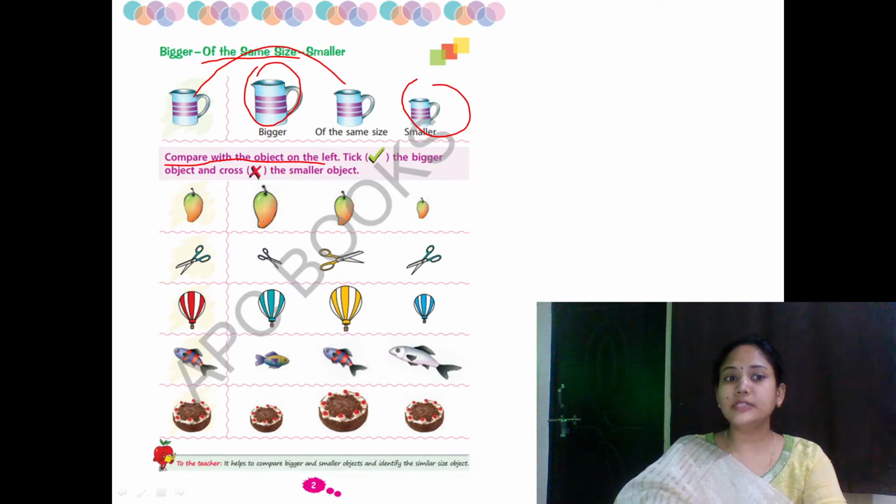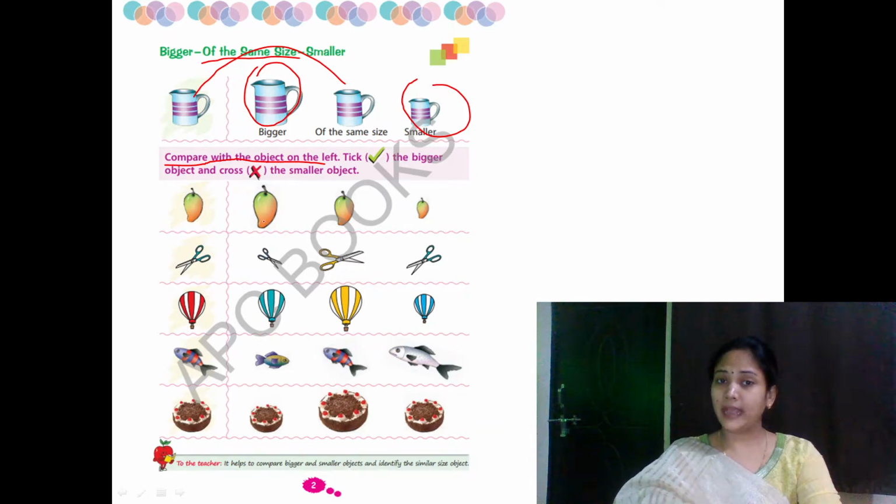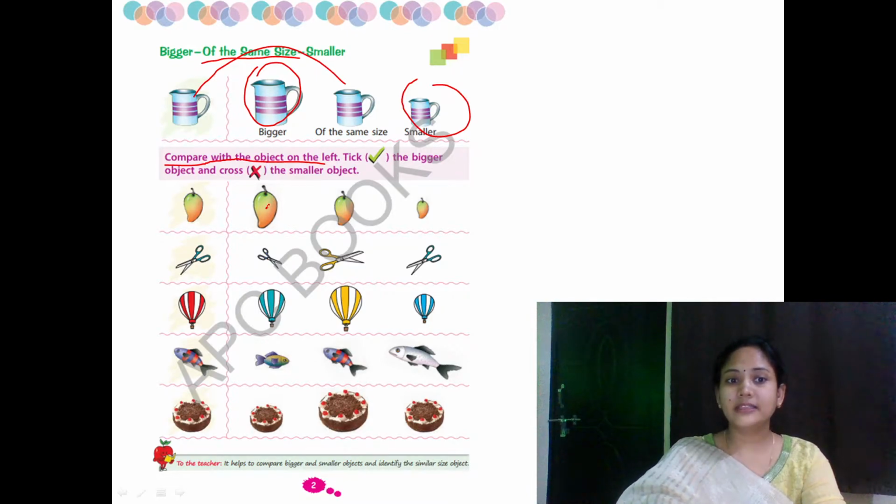Now can you see the bigger mango? Yes, this one is the bigger one, है ना? ये वाला जो है this one is the bigger one. So I am going to tick it क्योंकि question में ऐसा बोला गया है. So read the question properly. So I am going to tick the bigger mango and I am going to cross the smaller mango. और ये दोनों same size के हैं.